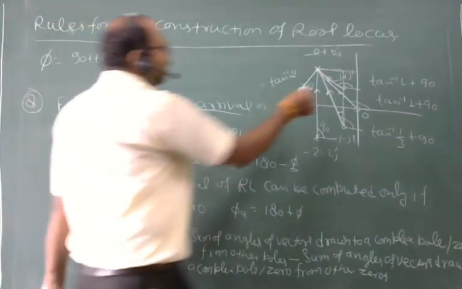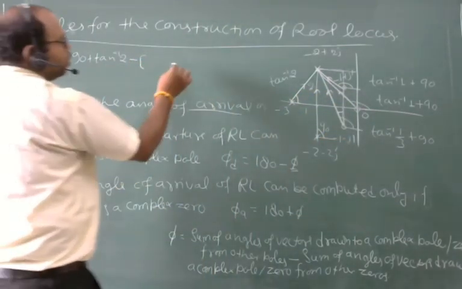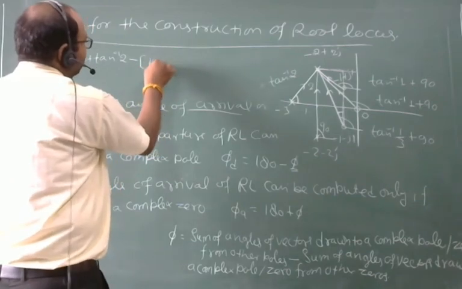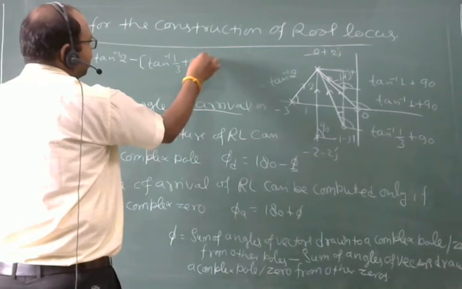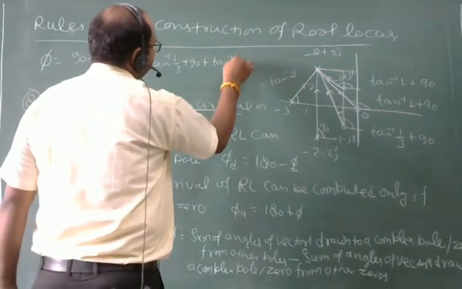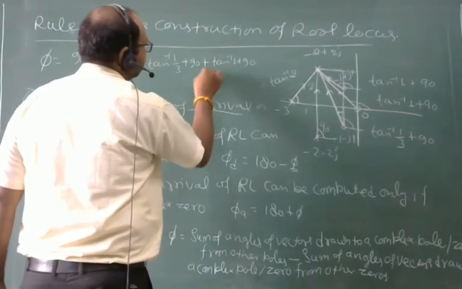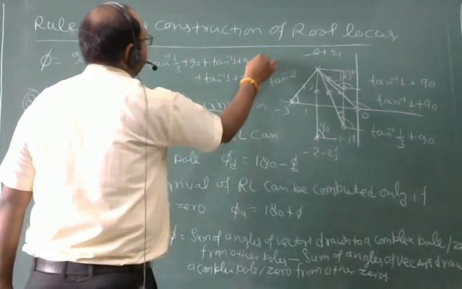So, zeros are 1, 2 and 3. So, tan inverse 1 by 3 plus 90 plus tan inverse 1 plus 90 plus tan inverse 1 plus 90.